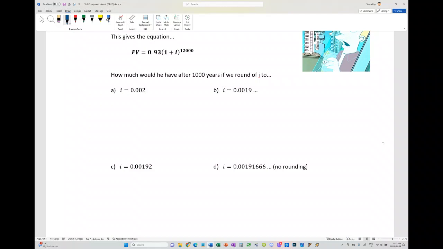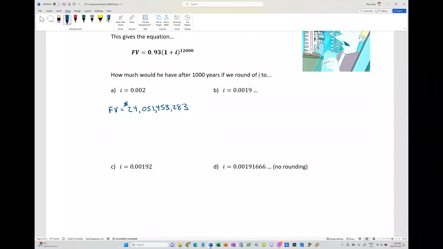And if I plug that into my equation for future value, I'm not going to bother doing the whole equation again over and over, but the future value that I get on this is going to be our 93 cents becomes 24,051,453,283. So Fry is then incredibly rich with $24 billion.